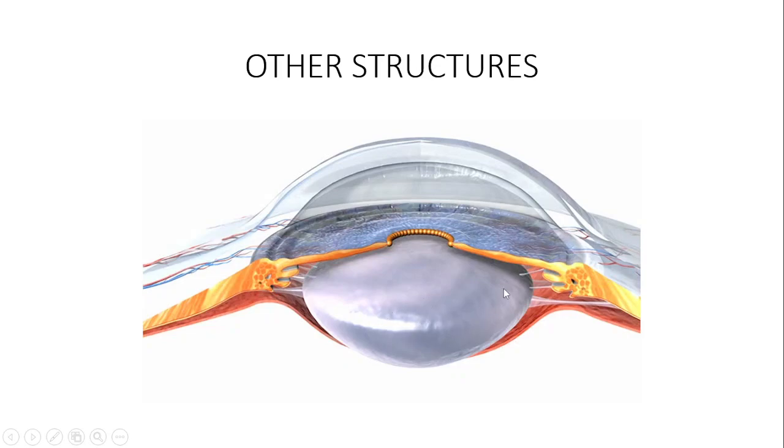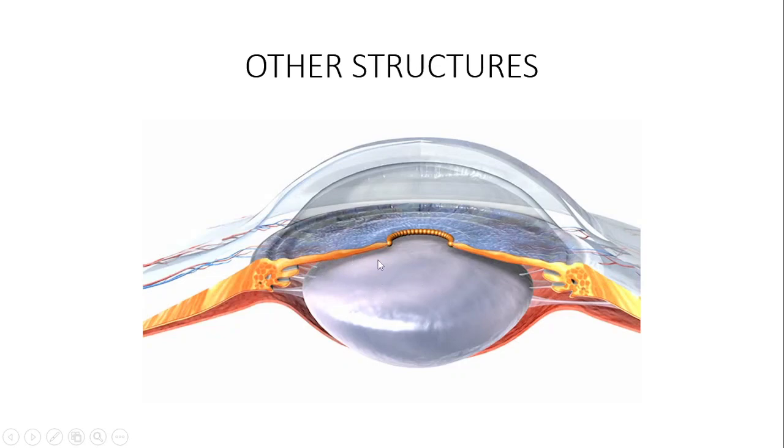Where is the posterior chamber of the eyeball found? We said the iris is iris of chambers. So the posterior chamber of the eyeball is found posterior to the iris. Specifically, it is found sandwiched between the iris and the crystalline lens.